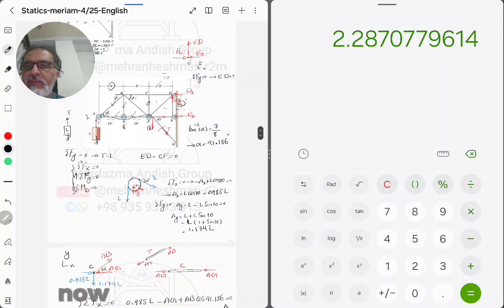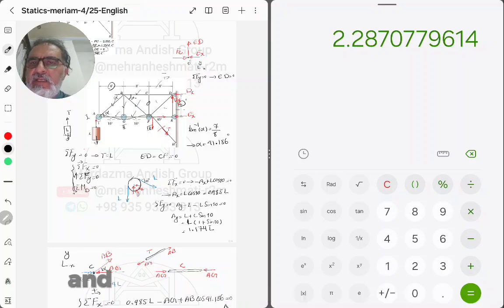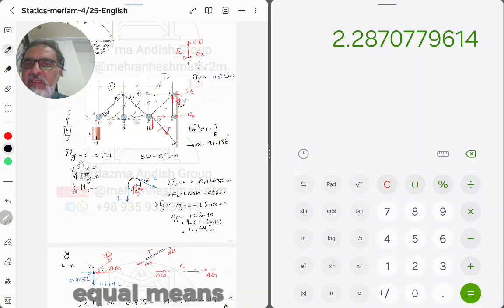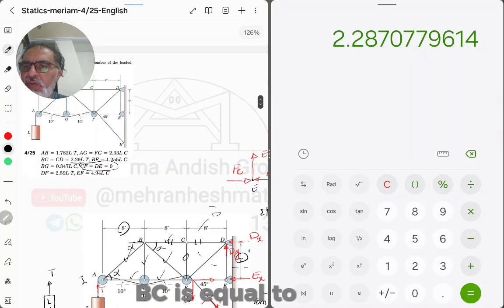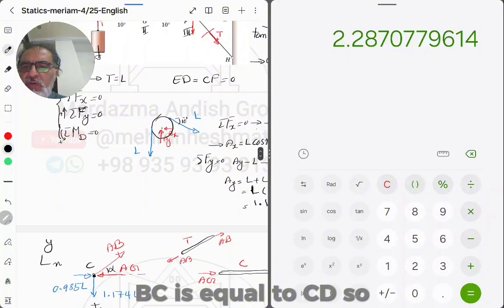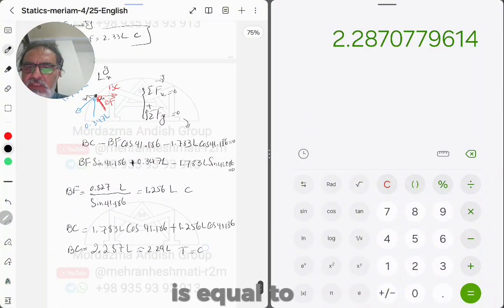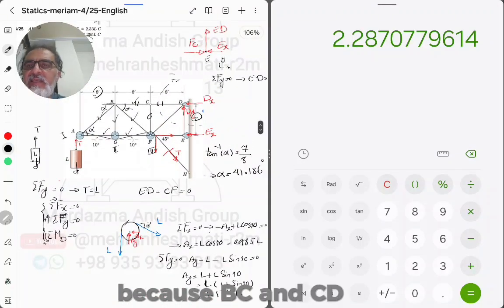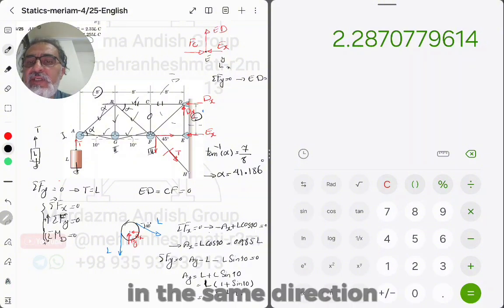Now we find these two members, and now you can see that here these two forces are equal, means BC is equal to CD. BC is equal to CD, because BC and CD are in the same direction.